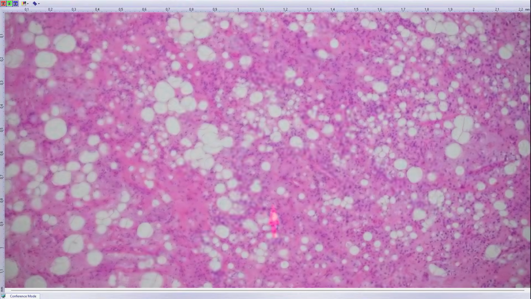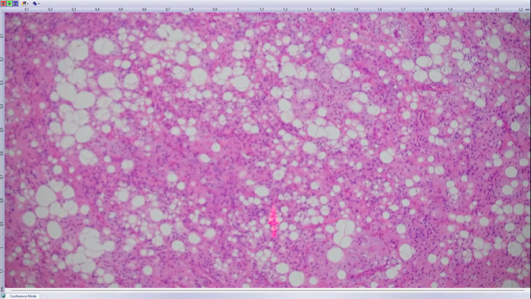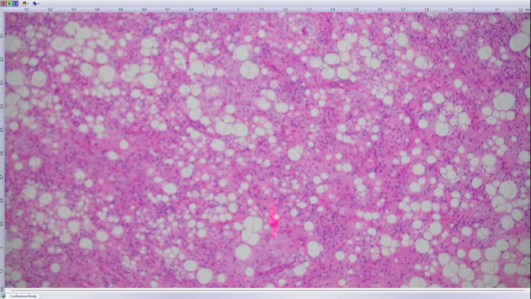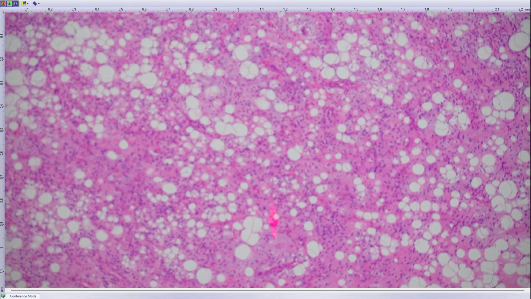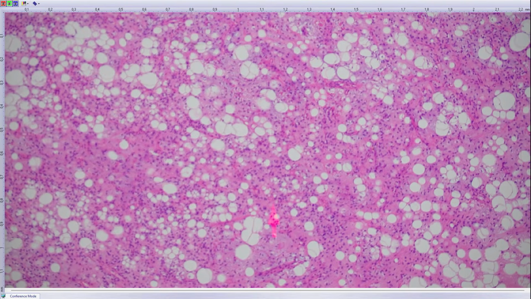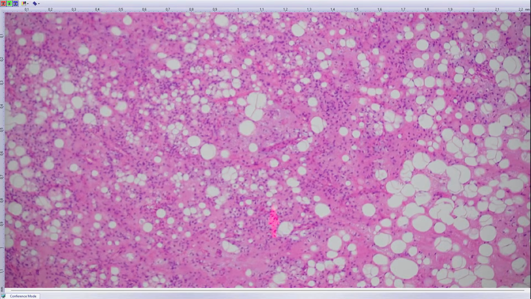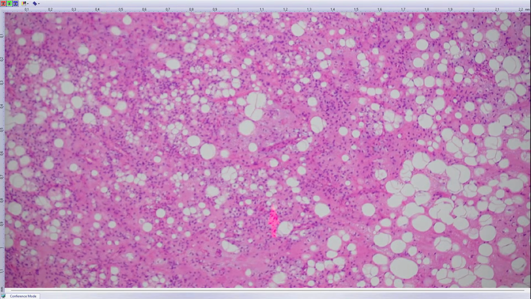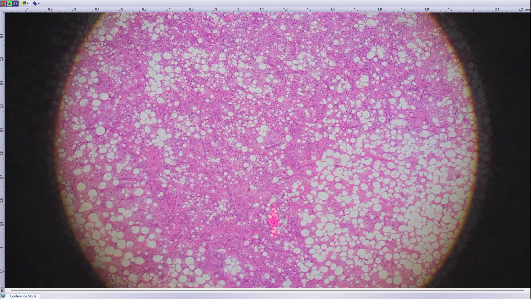But otherwise, the overall appearance is somewhat reminiscent of chondroid lipoma. But in this case, there was DDIT3 expression by immunohistochemistry, which is a surrogate marker for FUS-DDIT3 gene fusions, which are seen in myxoid liposarcomas. So this is a myxoid liposarcoma, low grade.